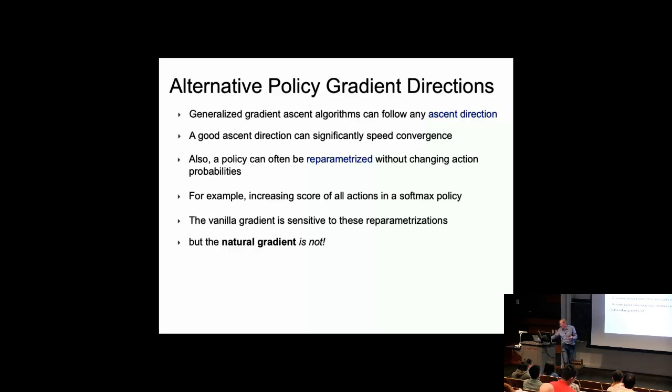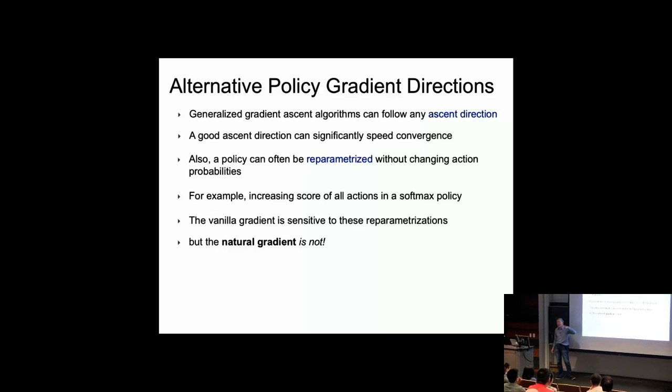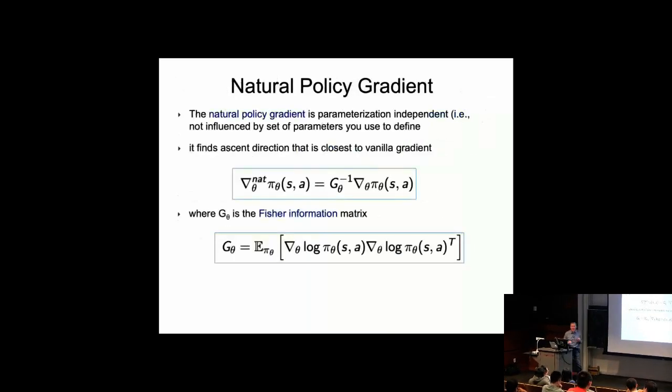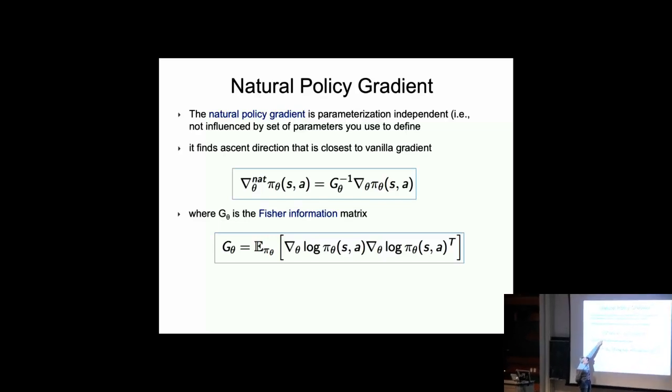So the idea of a natural gradient is that we want a notion of gradient that's not dependent on what the actual parameters of the policy are. And we can define one in the following way. The natural policy gradient is parameterization independent, and it's defined this way.